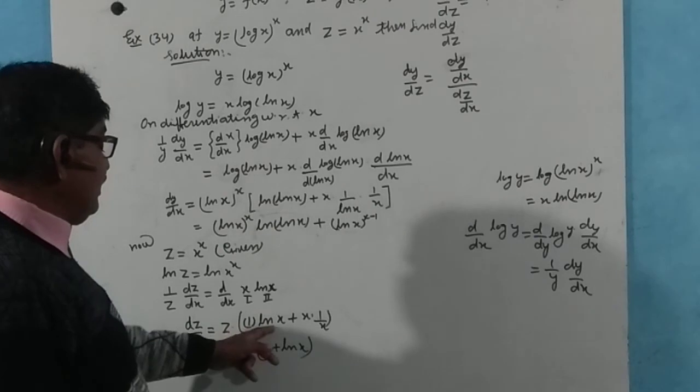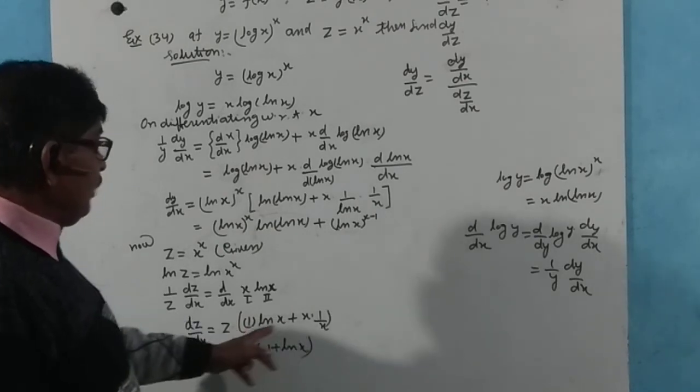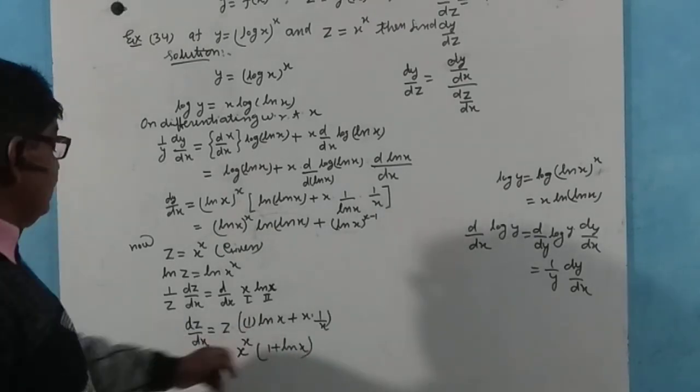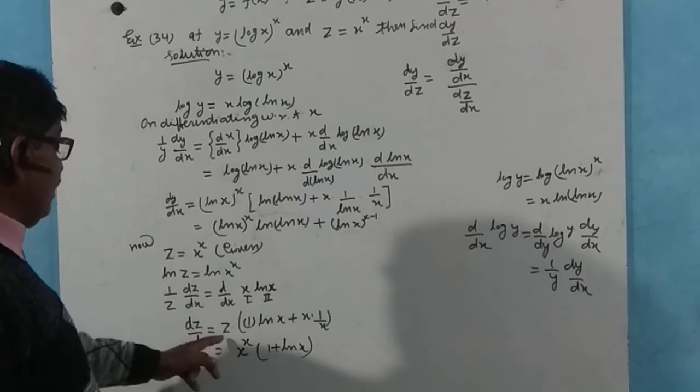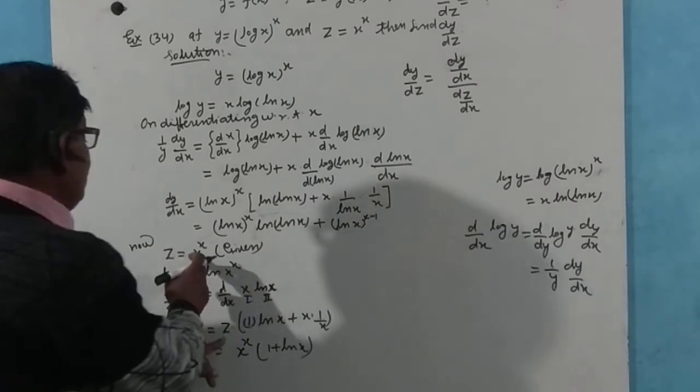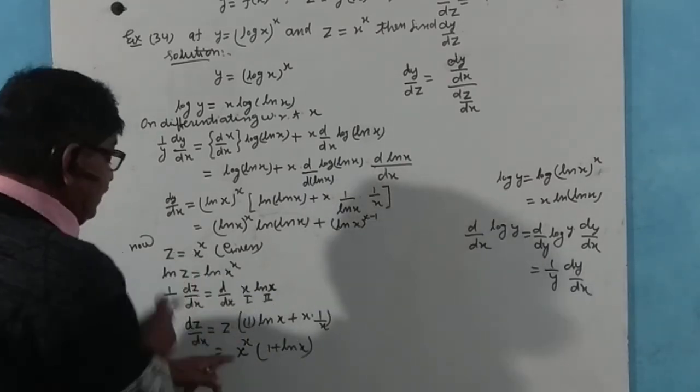Multiply this: 1 plus log x, and z comes here, where z equals x to the power x.